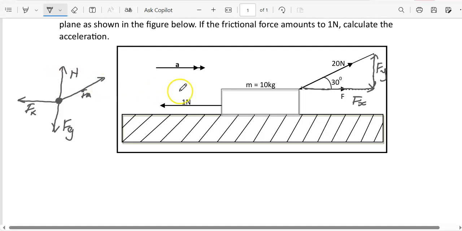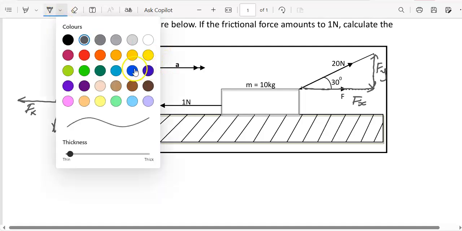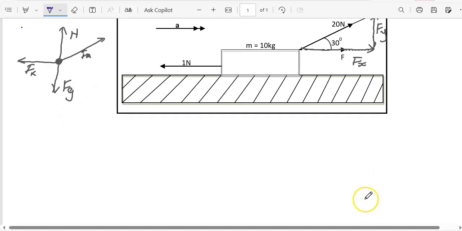So now they said that we need to calculate the acceleration. In order to calculate the acceleration, there's one thing I need you to focus on, which is the horizontal forces. I need you to indicate how many horizontal forces we have. You see, we have the Fx moving in that direction. This is my Fx. Then the other thing we have is your Fk.